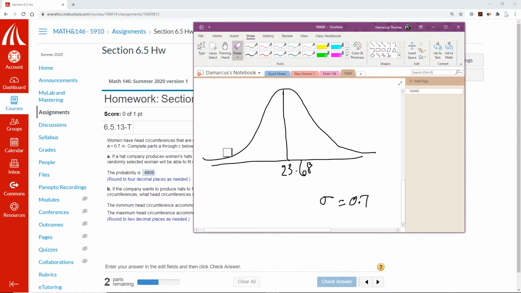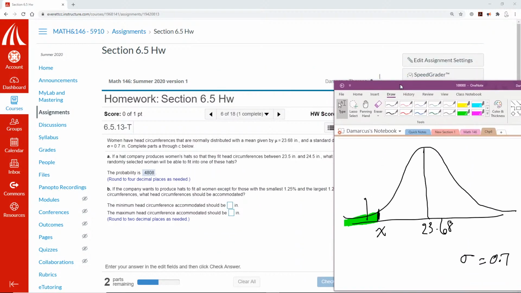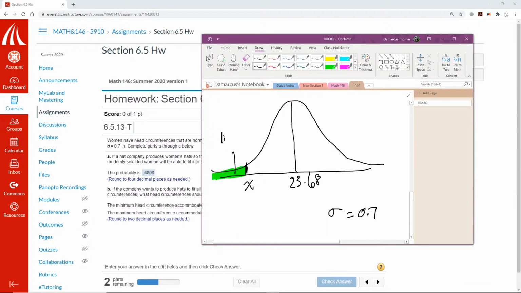So now, what about if I needed to figure out an X value, and this represents 1.25%.